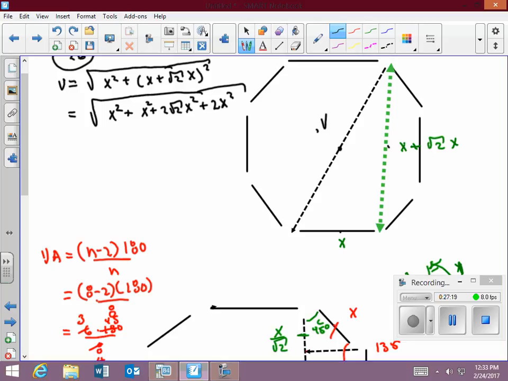So this is expanding it: the first term squared is right there. Then you take 2 times the product of the first term x and the square root of 2x, so that makes you x squared square root of 2. And then the last one is this term squared, where the square root of 2 squared is 2, and you have x squared.